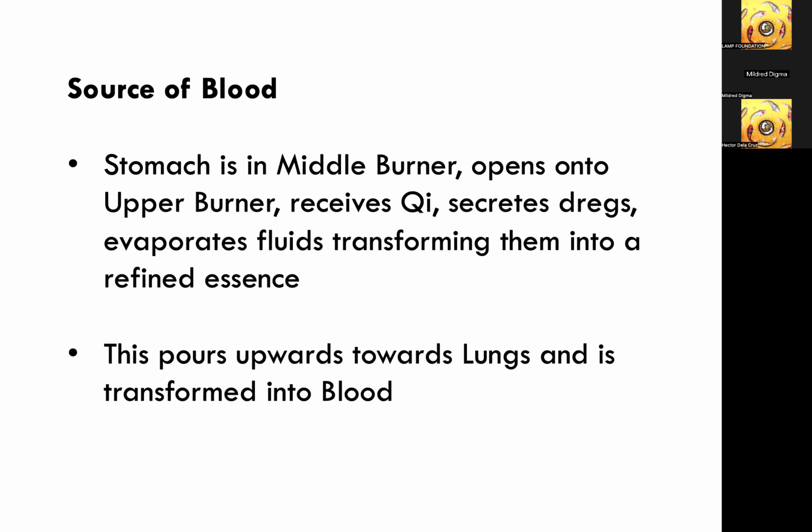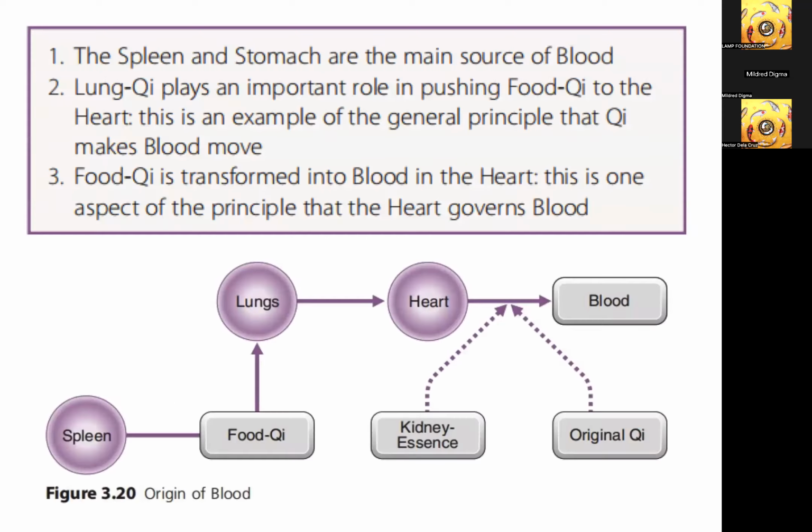This pours upward toward lungs and transform into blood. So, yung pagkagaling po sa spleen stomach, tulad po sinabi natin kanina, tataas sa lungs, then lungs transform into blood, then go to heart and circulate.